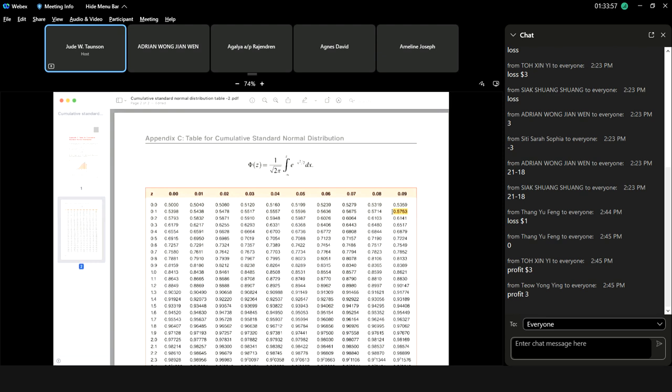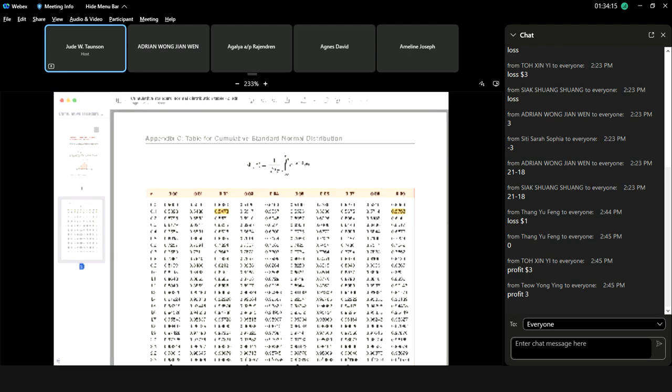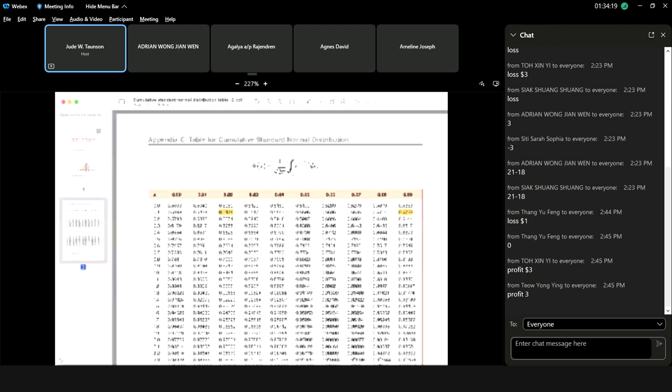Next one is 0.12. This one. So this one is D2. 0.5478. Okay. So now you know how to find the value, right?